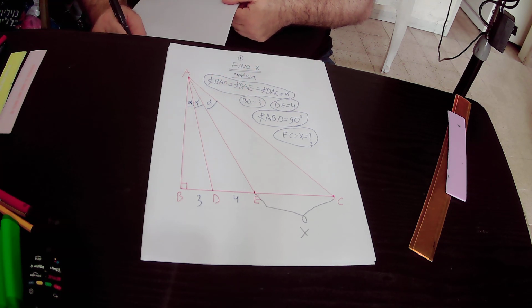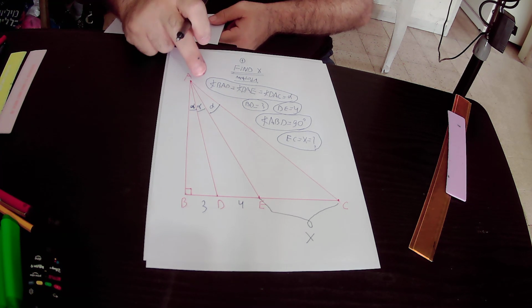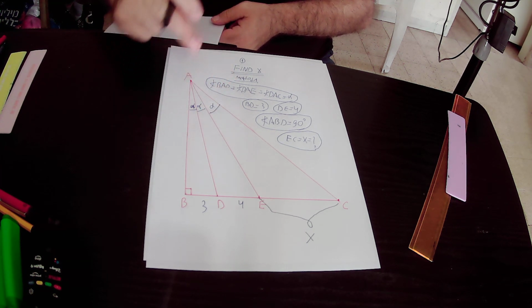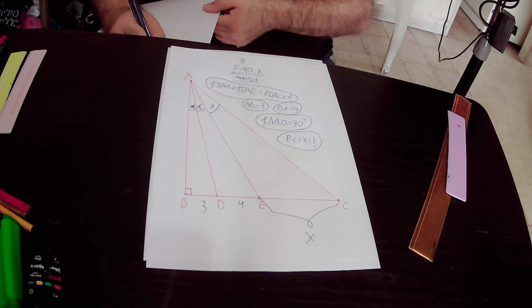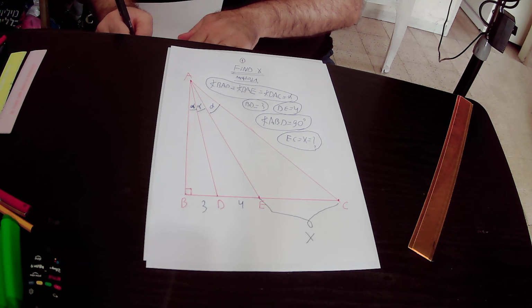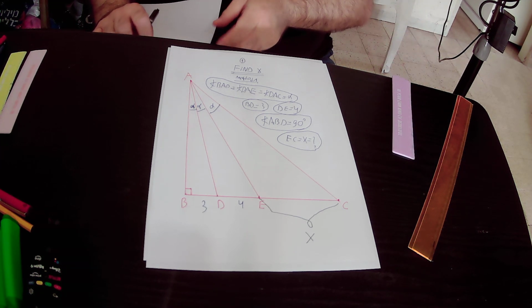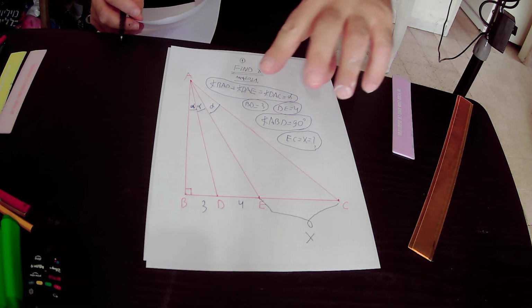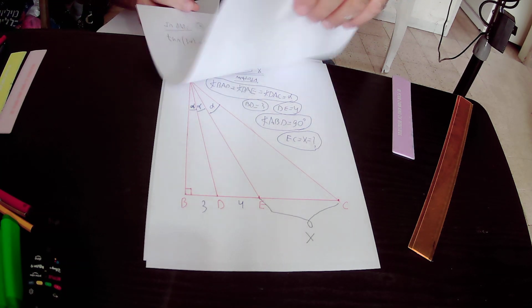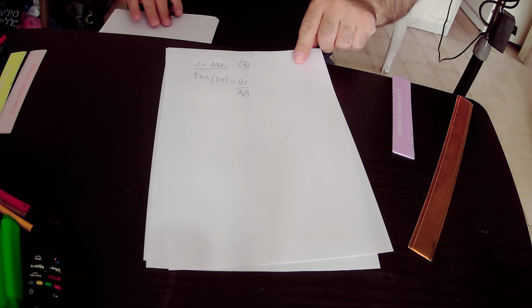In the right triangle ABC, we know that tangent 3 alpha equals BC over AB.